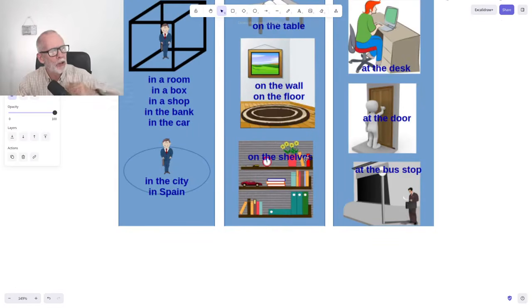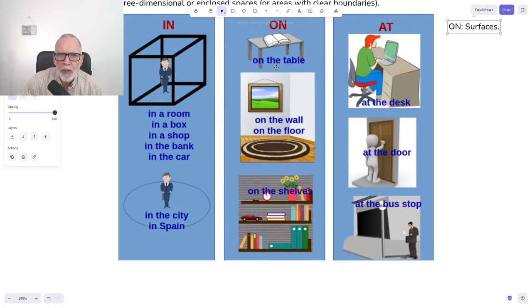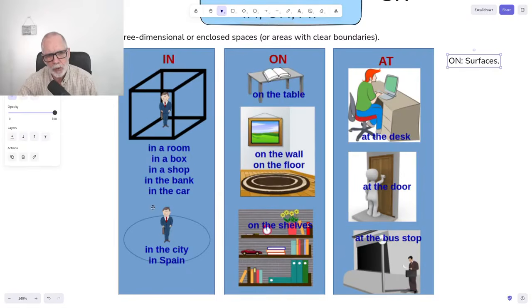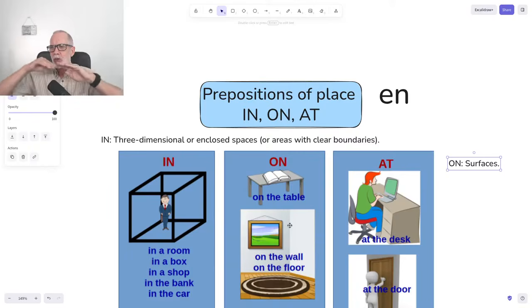On the shelves, los shelves son repisas o niveles, son superficies planas. So, in para espacios cerrados o espacios de 3 dimensiones o espacios bien definidos más grandes como ciudades, países. On para superficies de 2 dimensiones.